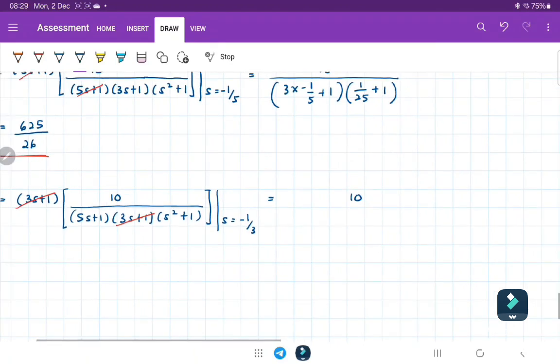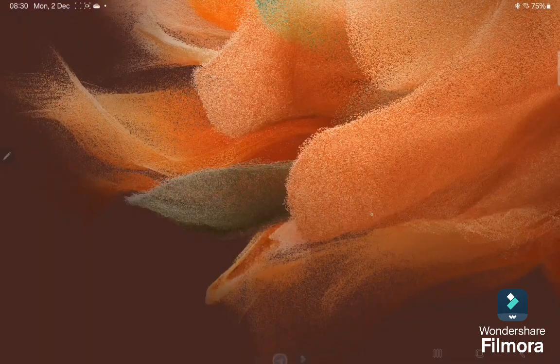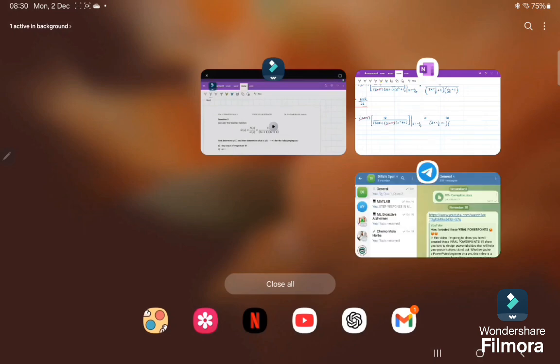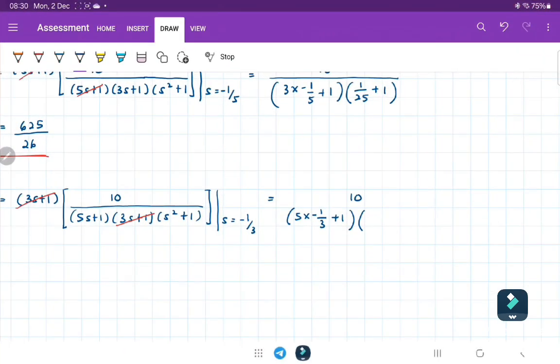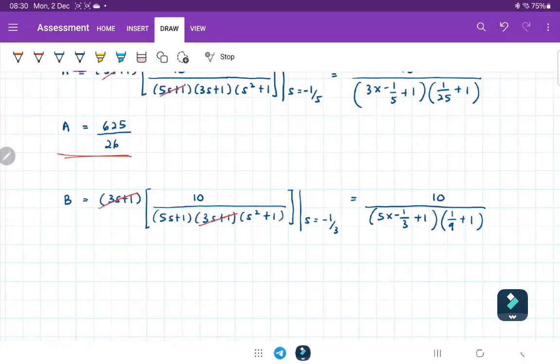So 10 over 5 multiplied with minus 1 over 3 plus 1, multiplied with minus 1 over 3 squared plus 1. That would give you 1 over 9 plus 1. Okay, and you solve this. This would give you B equals minus 27 over 2.